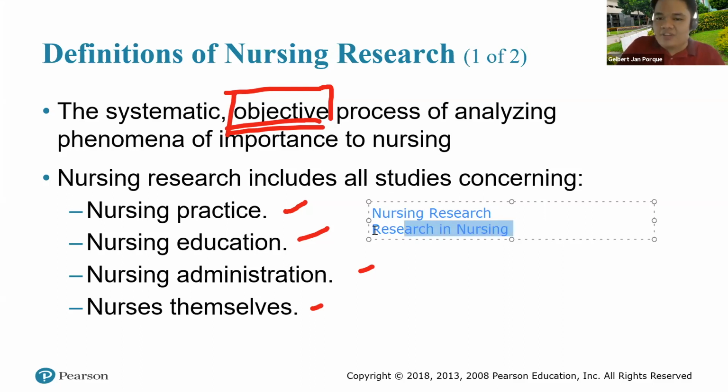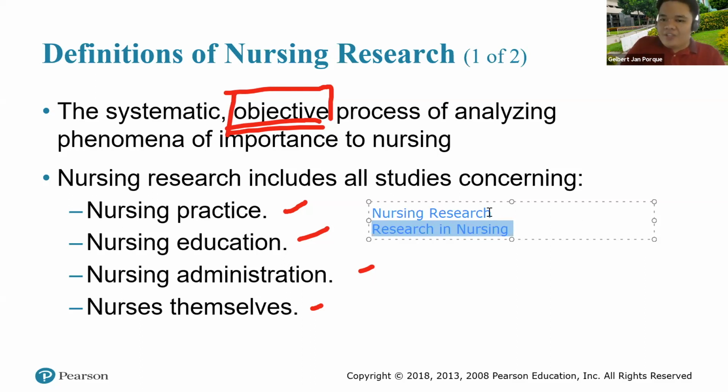That is considered research in nursing. Okay, so when I say research in nursing, your topic is nursing itself. I want to know if the staff nurses in the hospital are stressed right now or not. This is research in nursing. I want to know if student nurses do appreciate online classes or not. That can be considered research in nursing.